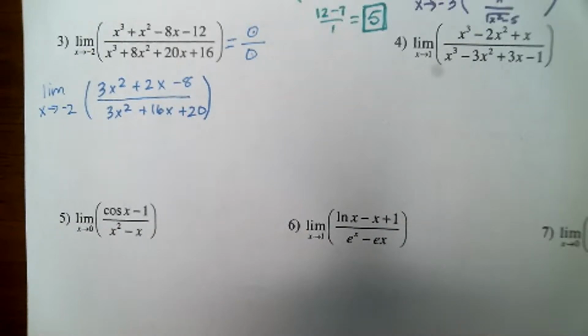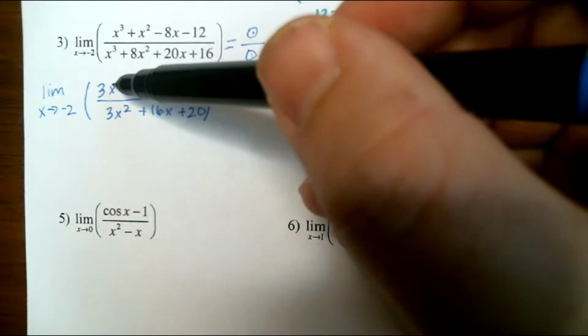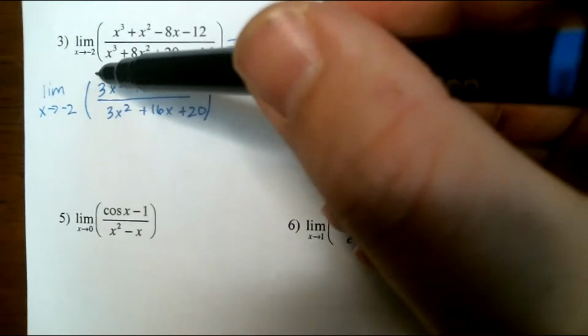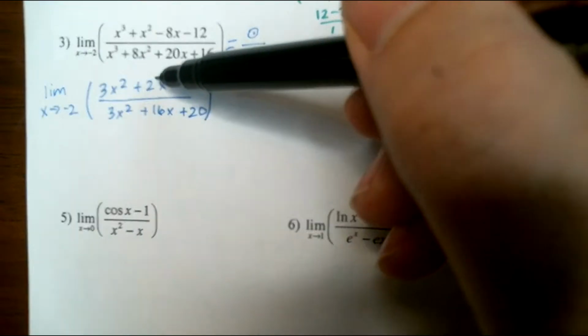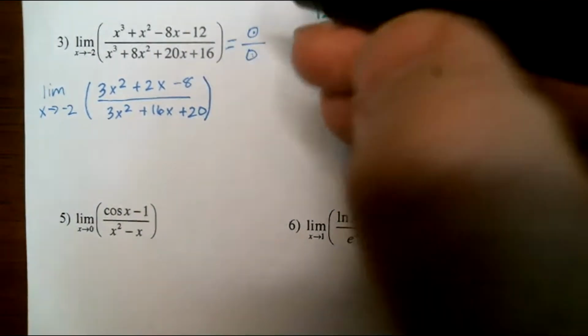Now, if you were to plug negative 2 into that, this one may be a little bit easier to do. That would be 12 minus 4, which is 8. 8 minus 8 is 0.